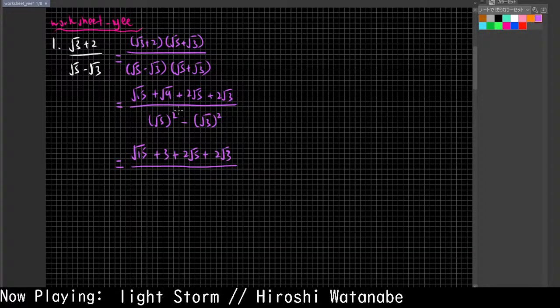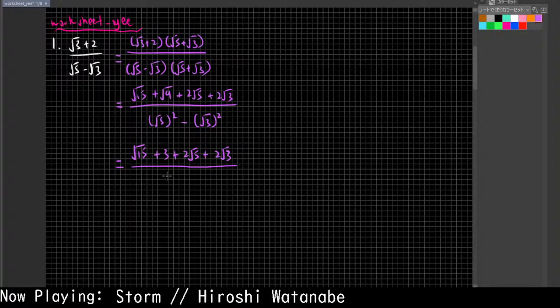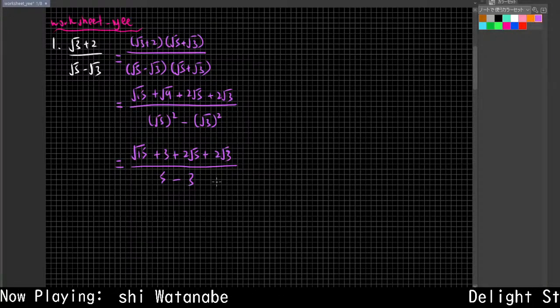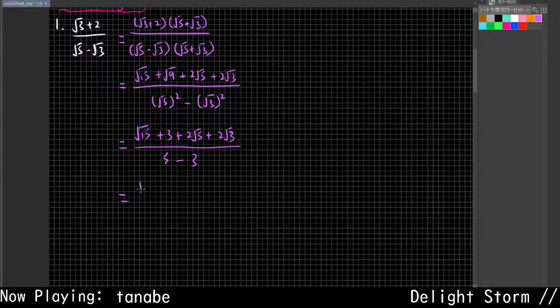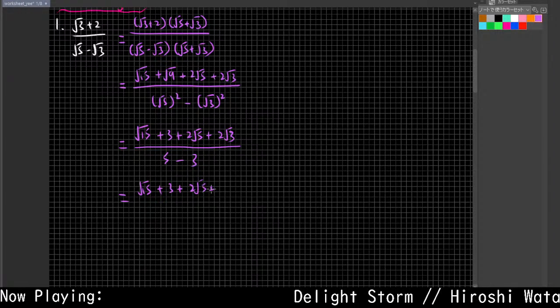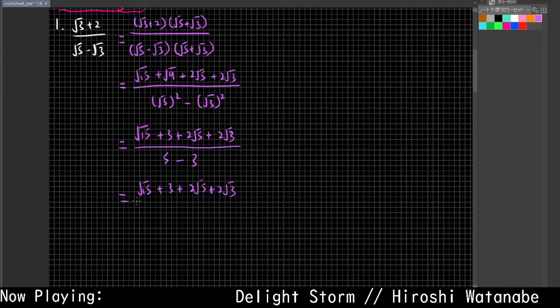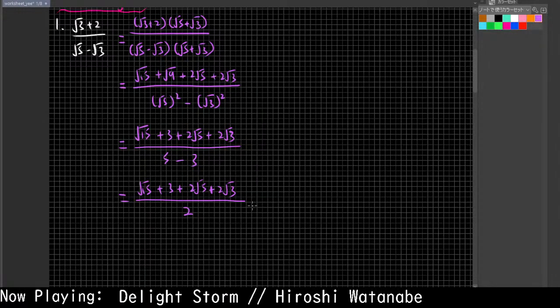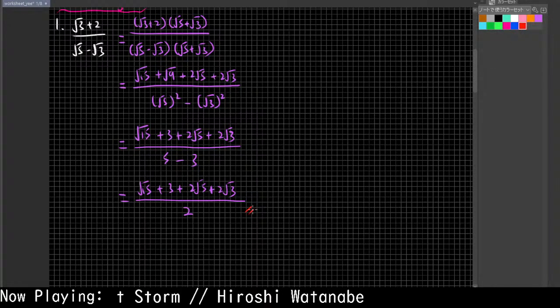This one, square and square cancel. Then in the end, you are left with this entire thing. Since you cannot simplify, you just leave it as is. So this should be the answer.